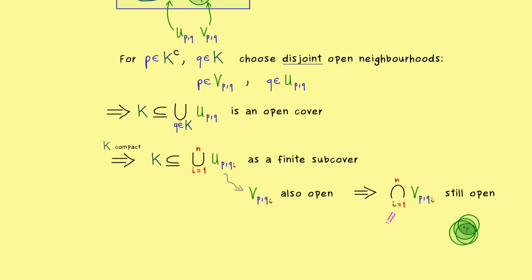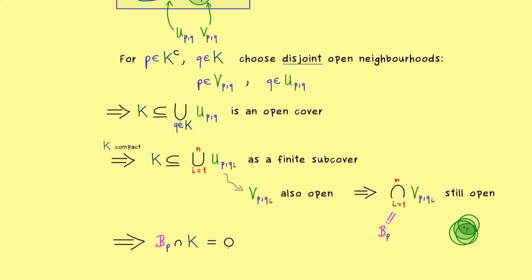Let's call it BP. Because BP is the intersection of all the sets, BP is disjoint to all the U sets in the union here. In other words, it cannot have any overlap with the whole union, which also implies that the intersection with K is empty as well.